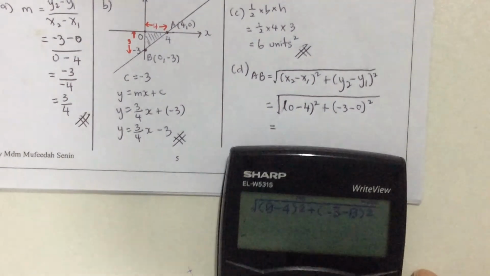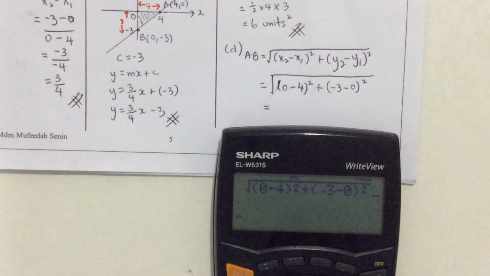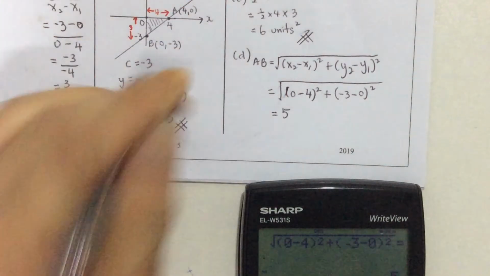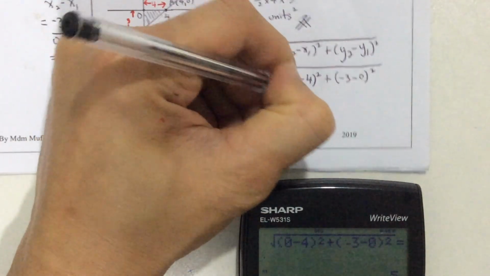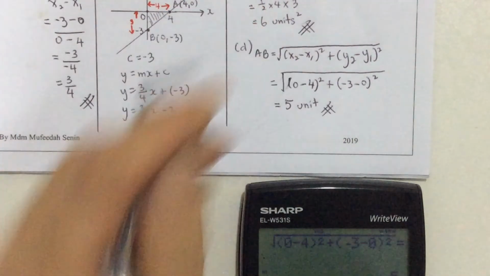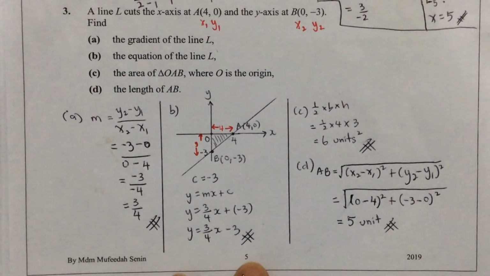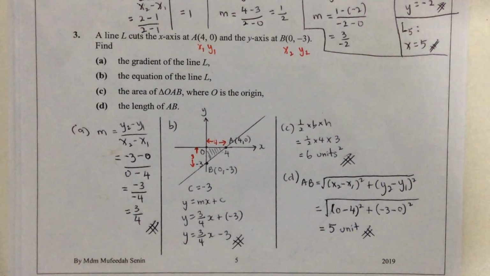So we have exactly what we have written. We're gonna get an answer of 5. So length, in this case we write units. Okay, so that's the answer for question number 3.